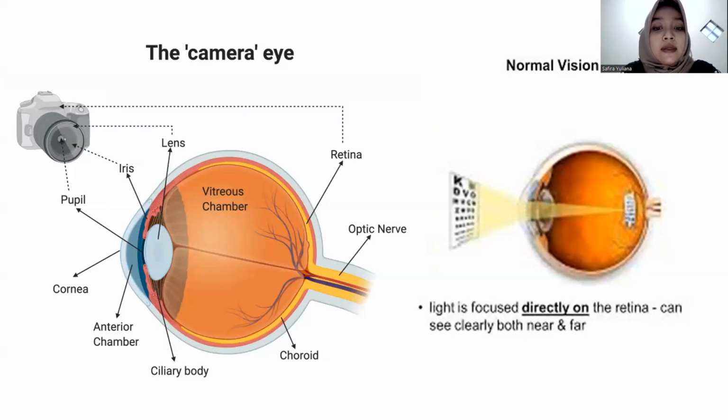When you look at an object, light reflected from the object enters your eye through the cornea and goes to your lens. Your pupil gets bigger and smaller to control the amount of light that gets into your eyes. Your cornea and lens refract, or bend, the light to bring what you are seeing into focus. Light then reaches the retina at the back of your eyes, and the retina changes the image into electrical impulses, or signals.